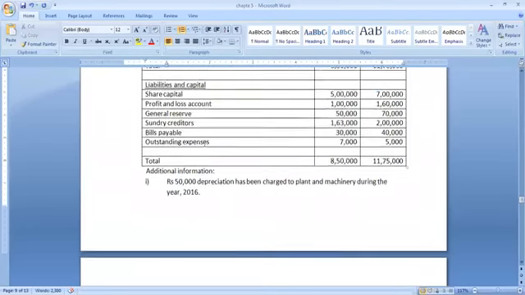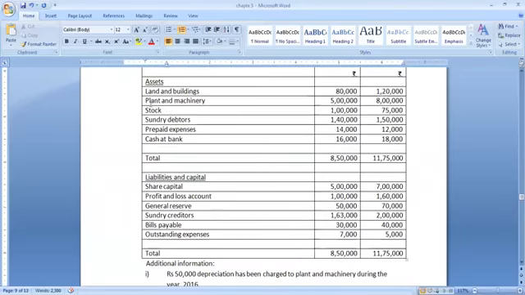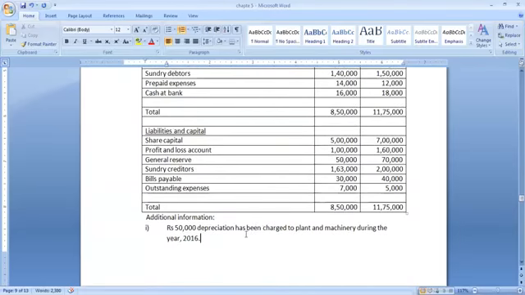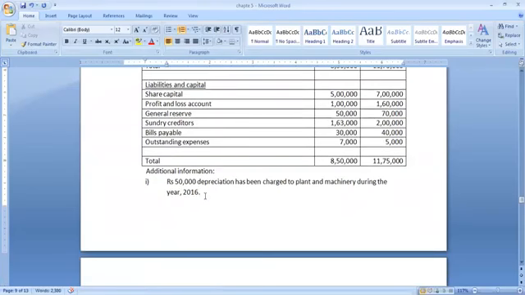Depreciation will be taken in the separate plant and machinery account, and that depreciation will also reflect in the operating activity. So this will be taken under two headings. One, it will be taken under the operating, and it is also taken under the respective account.